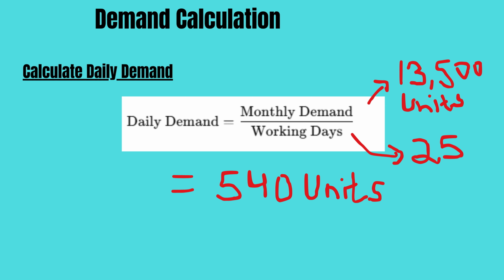Now, why is this important? Because this number tells us how much we need to produce every day to meet customer demand. And this becomes the base for further calculations like takt time, line balancing, and production planning. So always remember, if you get this number wrong, everything else in your system will also go wrong. That's why demand calculation is a critical starting point in VSM.